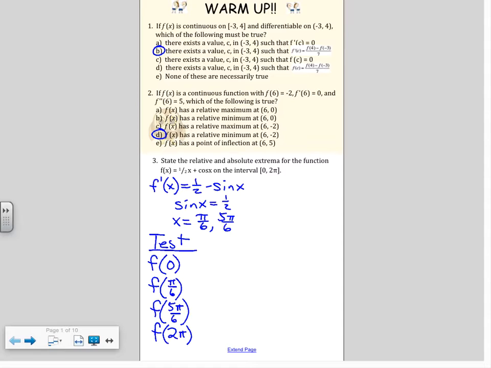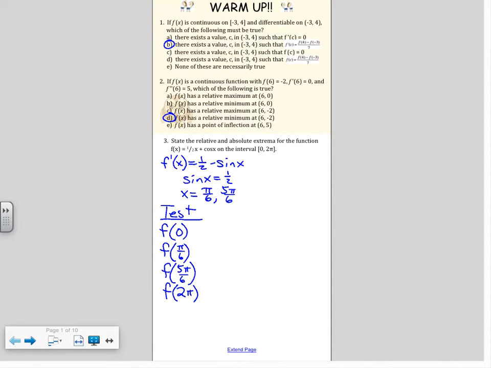So there's our 4 values that we're going to test. We test them by plugging them into the original function. F of 0 is 0 plus the cosine of 0. The cosine of 0 is 1. F of 2 pi, well, 1/2 of 2 pi would be pi plus the cosine of 2 pi, which is 1, so you get pi plus 1.